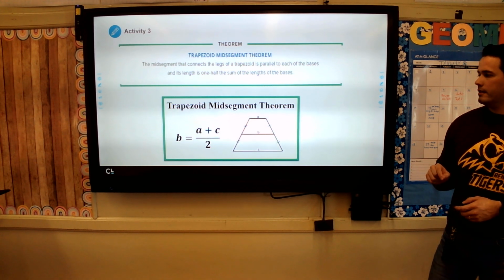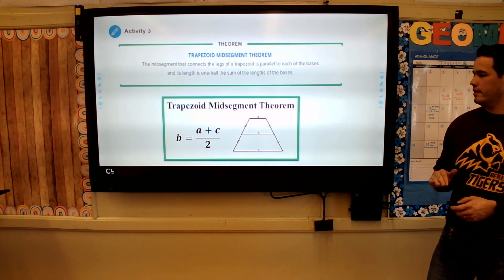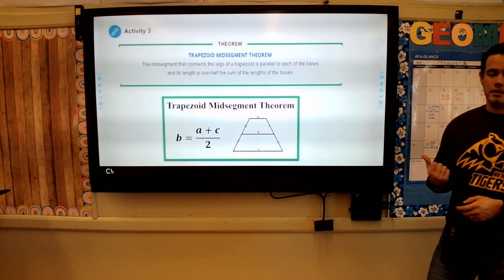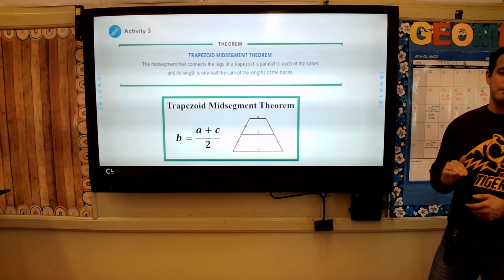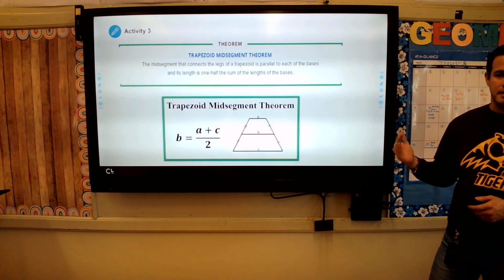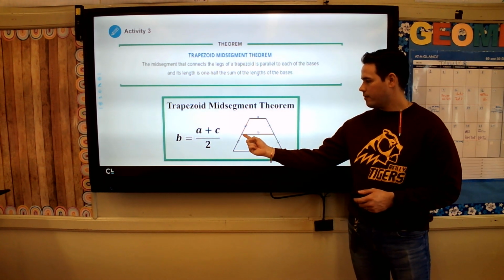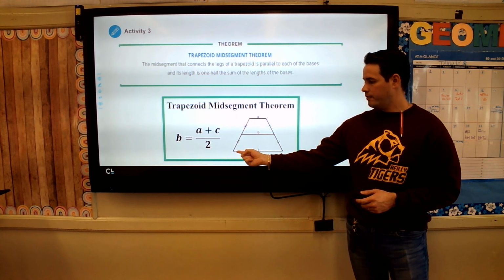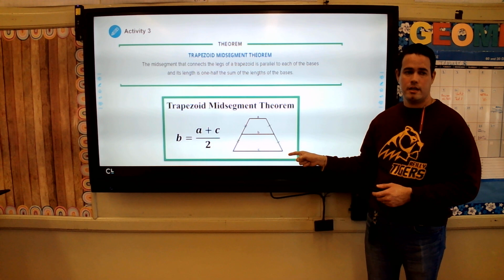Another thing you might want to notice on the figure is that if you look at the two legs, I am not giving you an isosceles trapezoid, so I'm not saying that the legs are congruent. I'm just saying this point is the midpoint of this leg, just like this point is the midpoint of this leg.